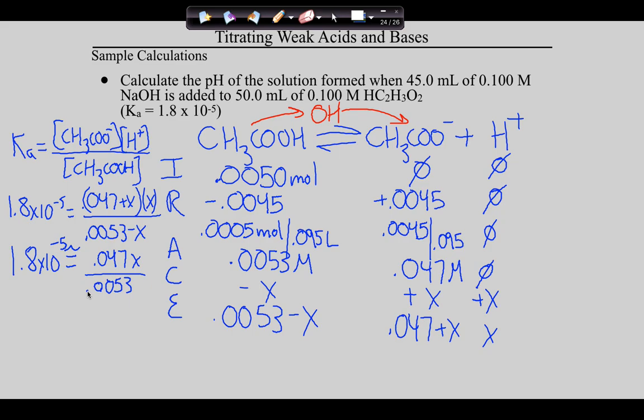Is that right? And you understand what we did. You're not going to cut these corners. pH is equal to negative log hydrogen ion. So 5.7 would be the pH. Is that okay? Are we good? Okay.